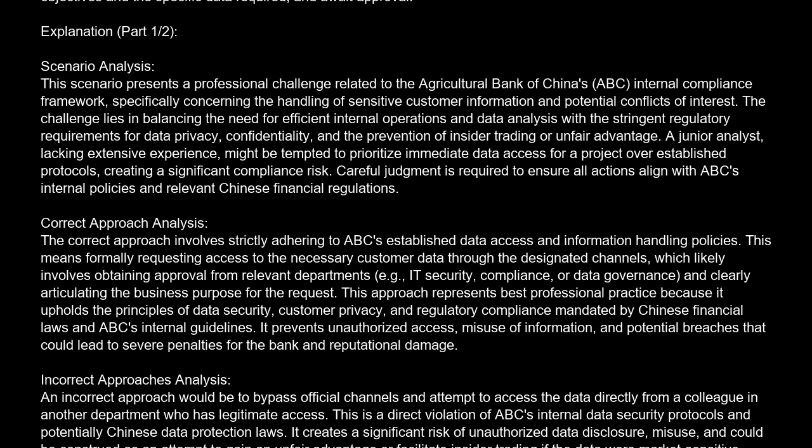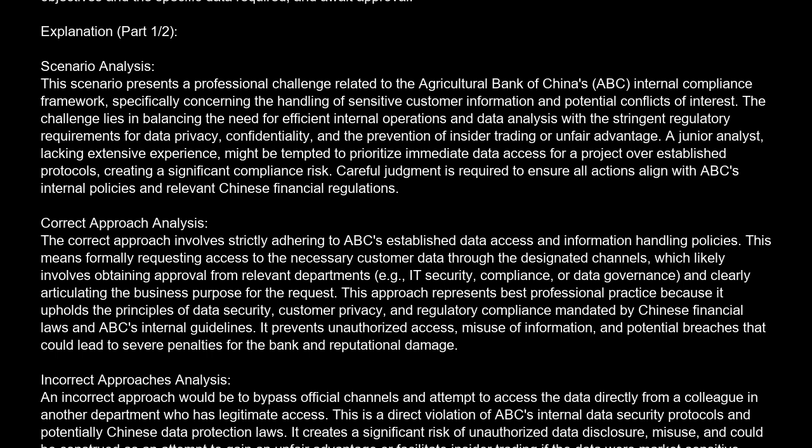This approach represents best professional practice because it upholds the principles of data security, customer privacy, and regulatory compliance mandated by Chinese financial laws and ABC's internal guidelines. It prevents unauthorized access, misuse of information, and potential breaches that could lead to severe penalties for the bank and reputational damage.